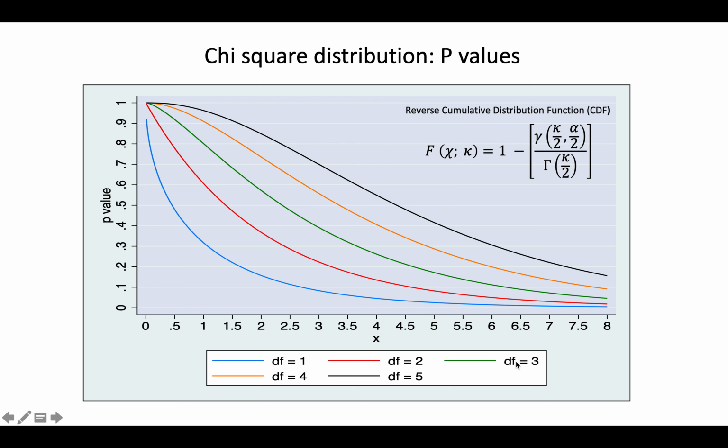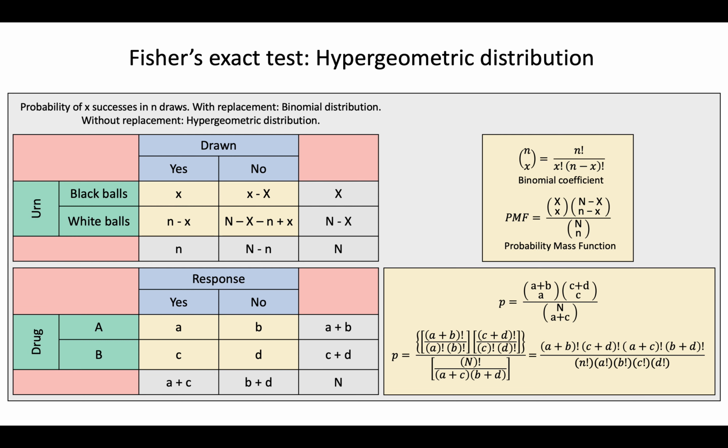So you can do the same exercises with 3, 4, or 5 degrees of freedom. There is another interesting distribution which is called the hypergeometric distribution.